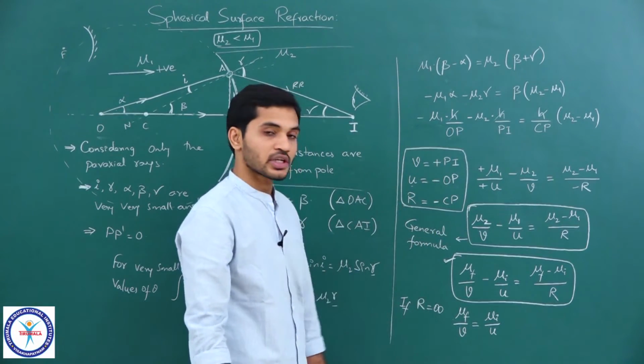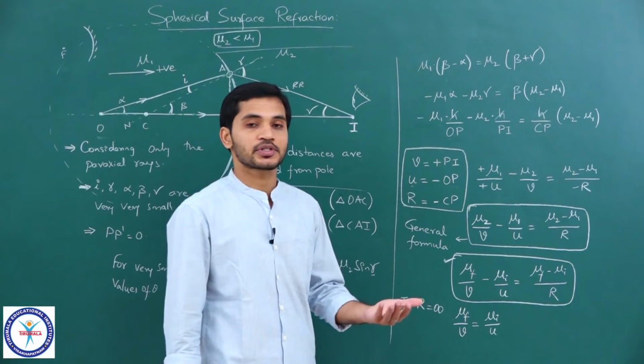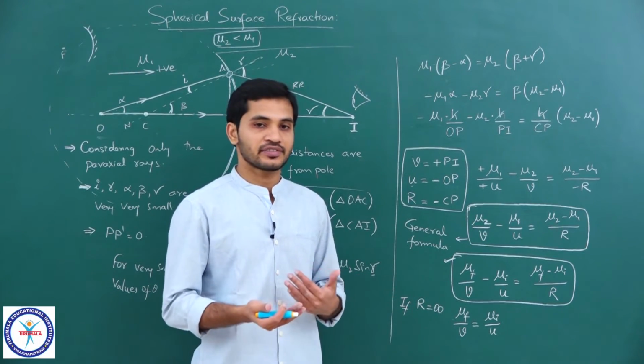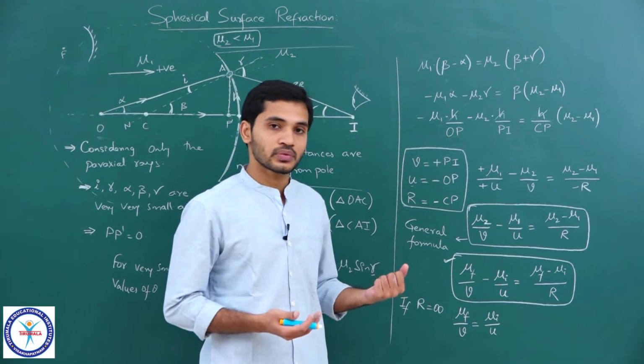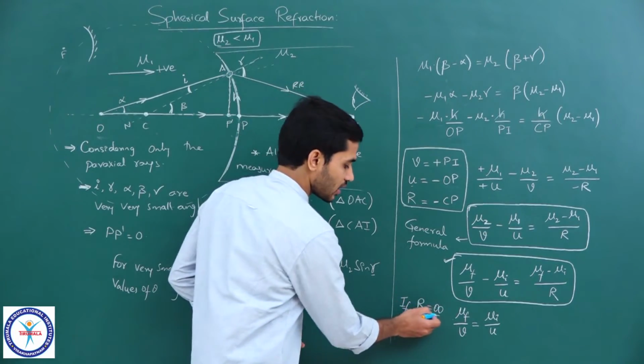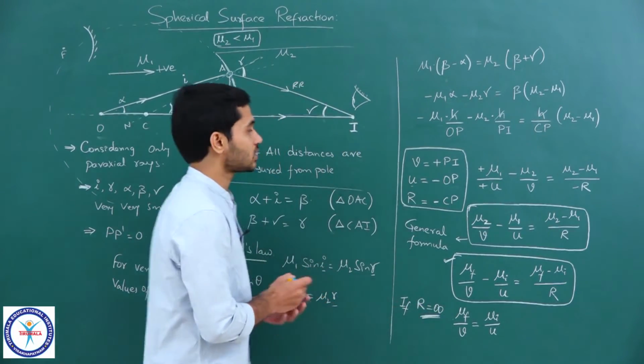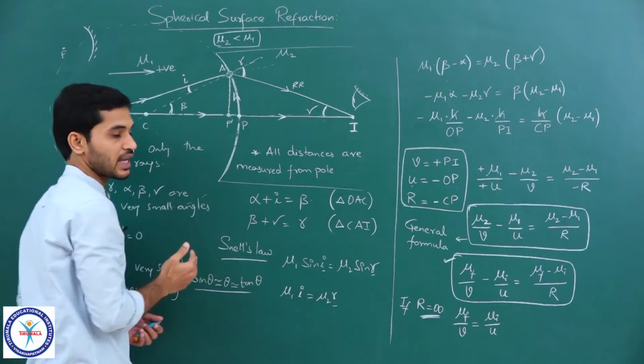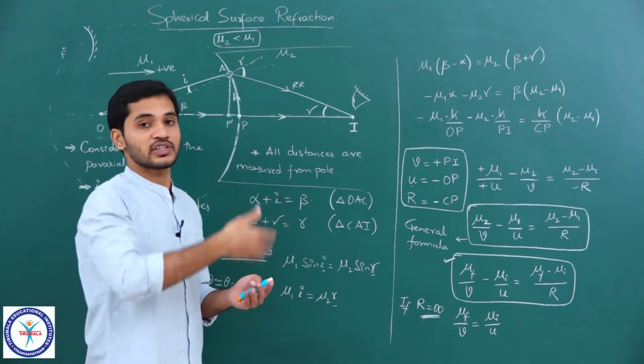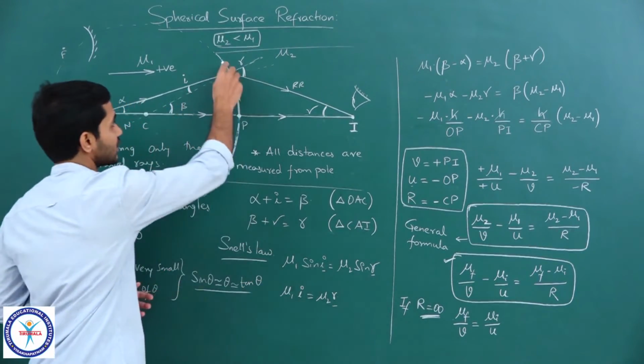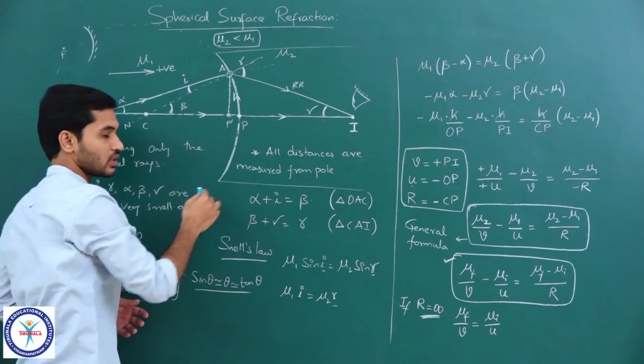Have you seen this expression anywhere? Yes, it is the expression which we derived for plane surface refraction. Why am I getting that now? Because r is equal to infinity means this surface is having a radius which is infinity. So, that basically means that this surface is becoming a plane.